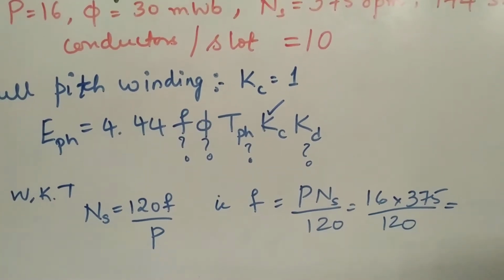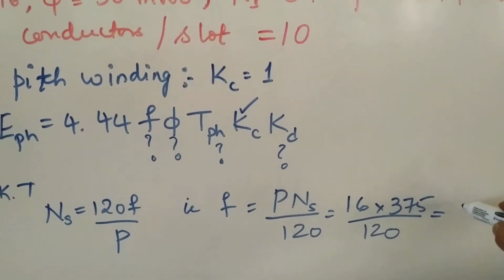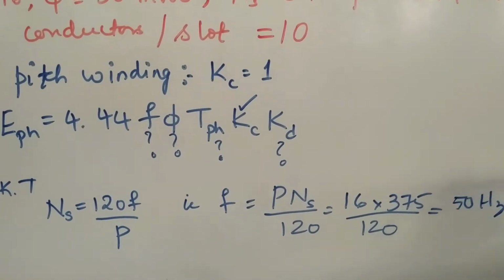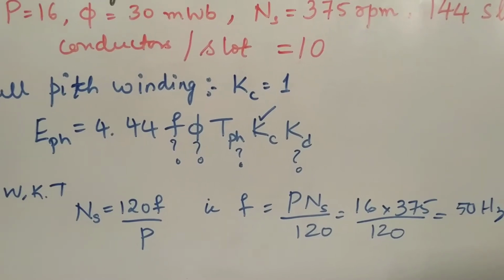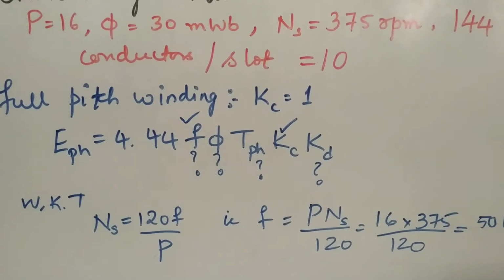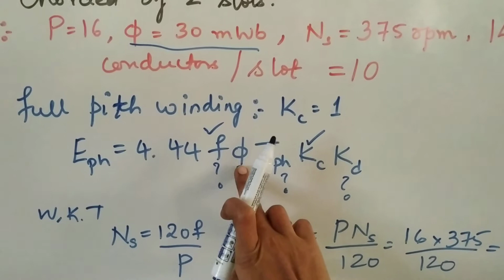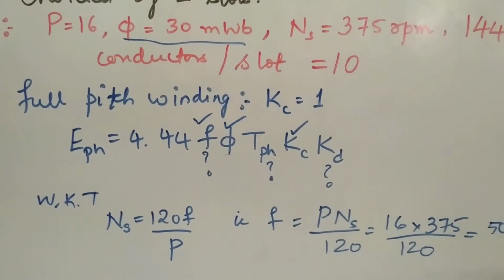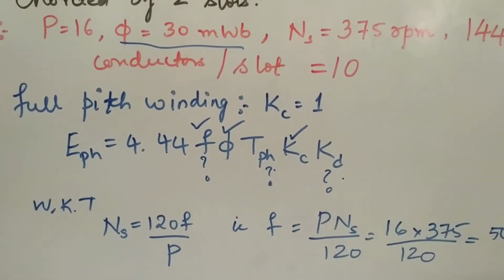It results in the answer 50 Hertz. So we have found the frequency. The flux is already given in the problem, so no need to worry about it. The next aim is to find the turns per phase as well as the distribution factor.